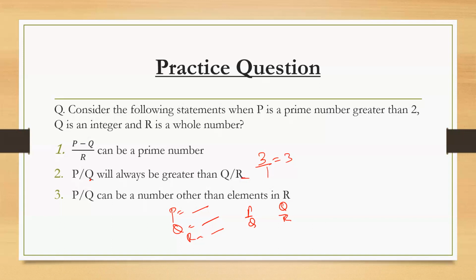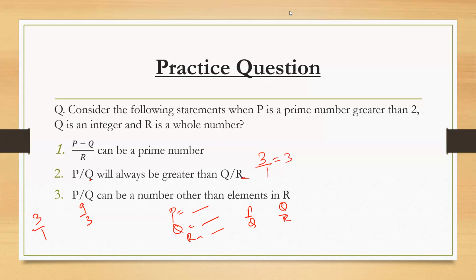What about others? Q is an integer, R is a whole number, yes. And what I am saying, Shivaranjani, is, see here, 3 by 1 you took, right? Here you took 9 by 3. Yes? Okay, unmute.